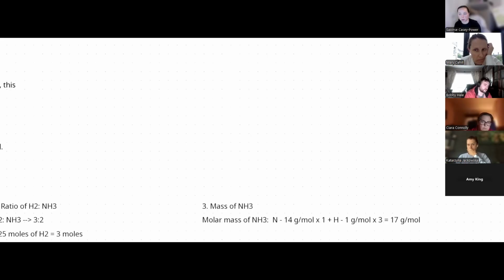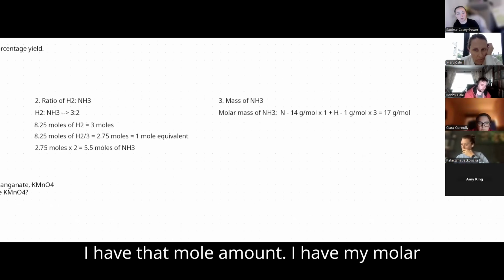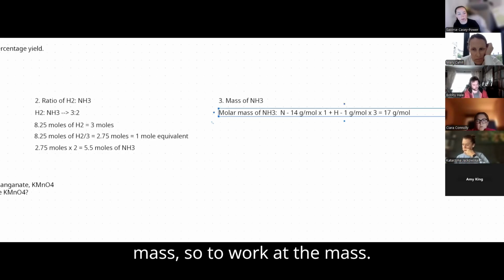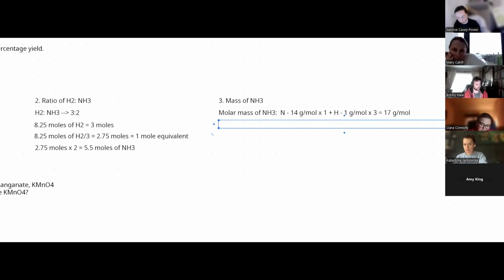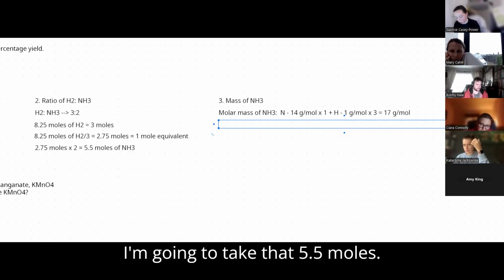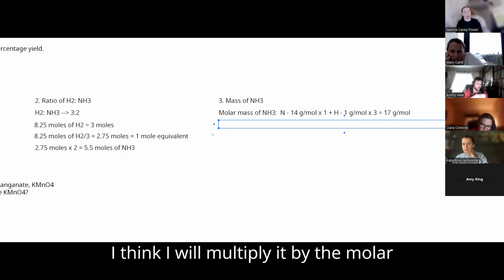I have that mole amount and I have my molar mass. So to work out the mass of NH3, I'm going to take that 5.5 moles and multiply it by the molar mass.